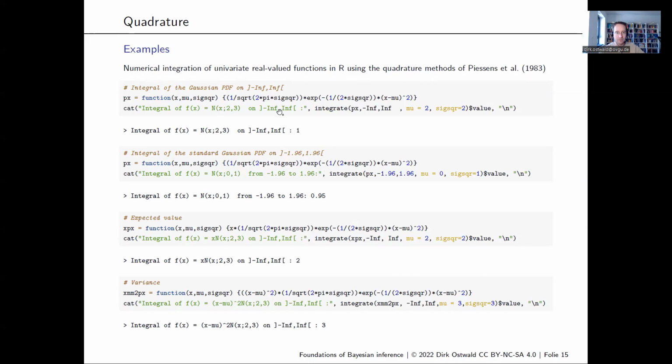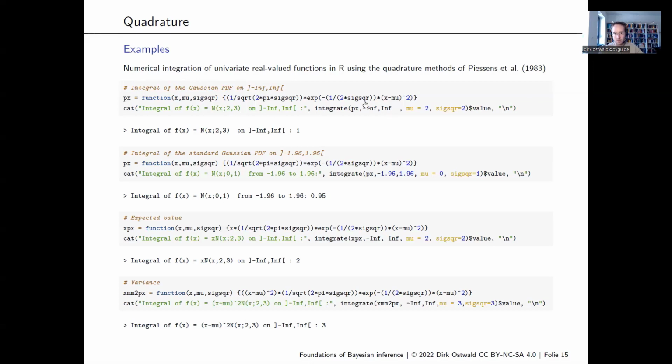Here, I'm using the quadrature approach that is implemented in R. That's the integrate function. You give it a function that you want to integrate, its boundaries, where you want to integrate it. In this case, I want an improper integral from minus infinity to infinity.